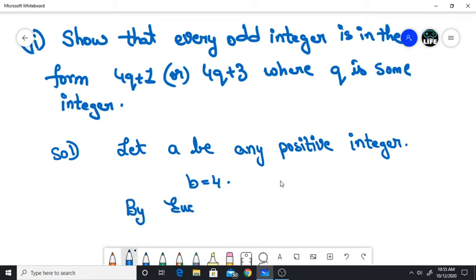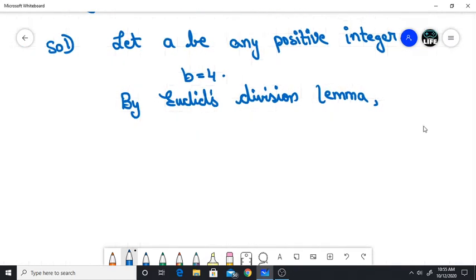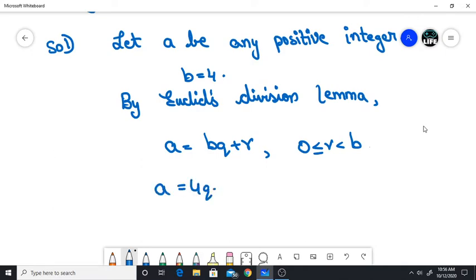By Euclid's division lemma, a equals bq plus r where 0 less than or equals r less than b. The question is given like a equals 4q plus r. Therefore, 0 less than or equals r less than 4.